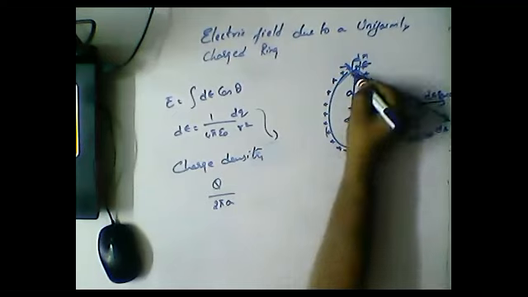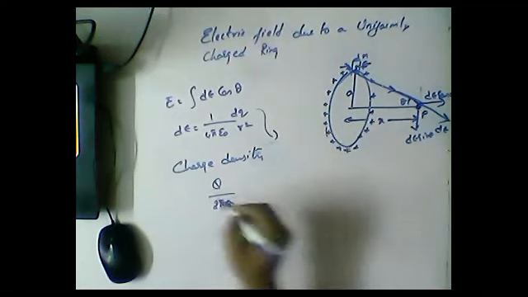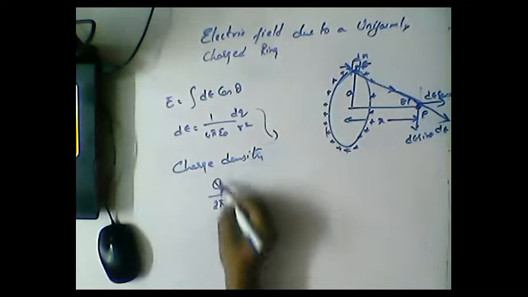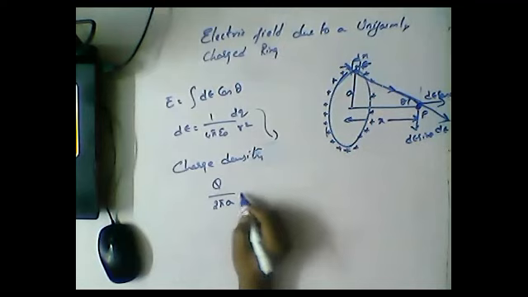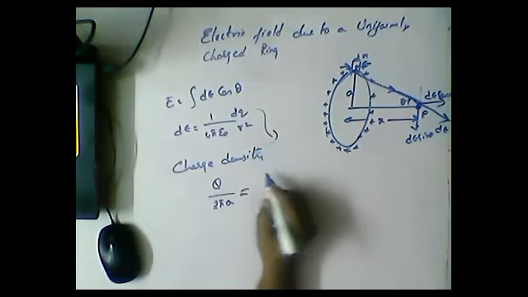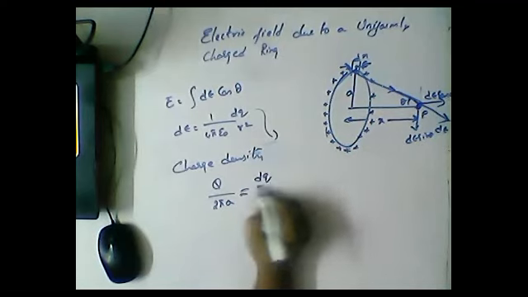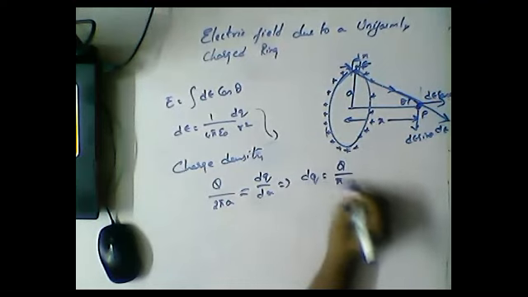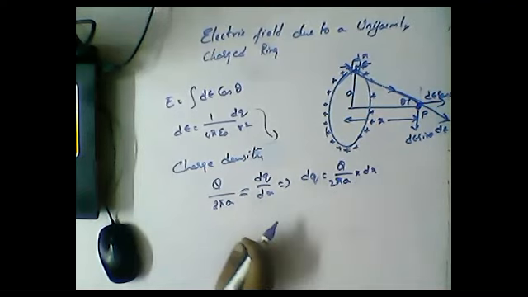The charge is distributed throughout this circumference. What is the formula for the circumference? 2 pi r. This is the charge density, which is equal to dq by dx. From this we can write dq is equal to Q by 2 pi a into dx.